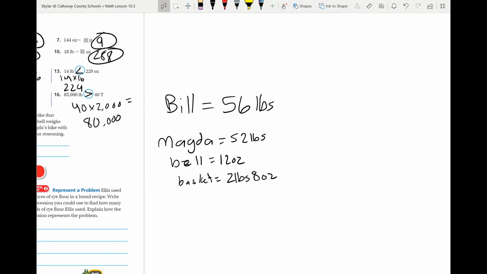So if you do that, we know there's 16 ounces in a pound, so 2 times 16 equals 32. And then you add those 8 ounces, which is 40 ounces. Her bell is 12 ounces, so we can go ahead and add that.